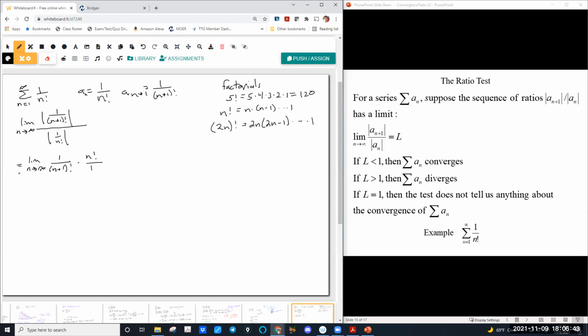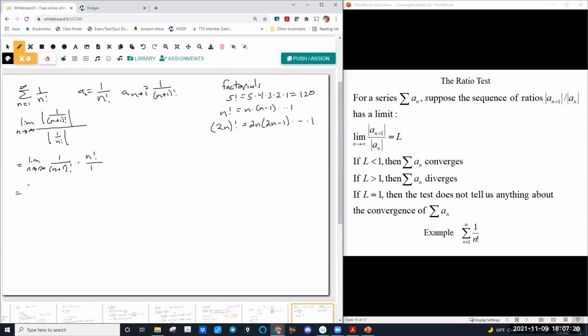From here on out, I'm going to skip right to this step because it's always what you do: a sub n plus 1 times the reciprocal of a sub n. We'll do some other examples to see when we need the absolute value and when we don't. Most of the time you won't need them, it just makes everything positive. If this were alternating, we wouldn't have the alternating piece in here because we'd be taking the absolute value.